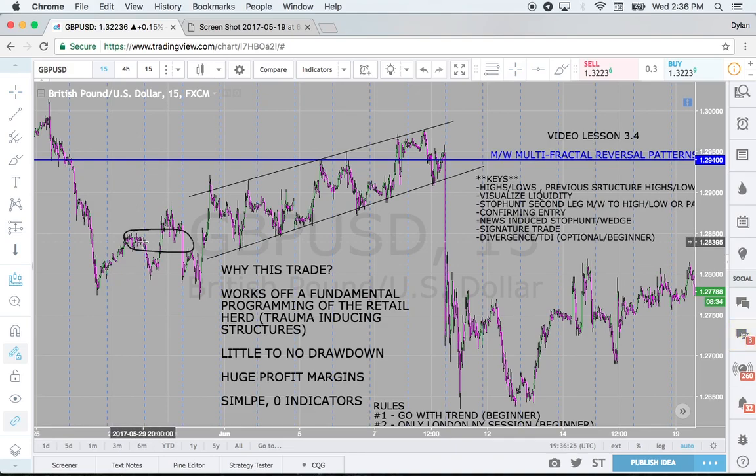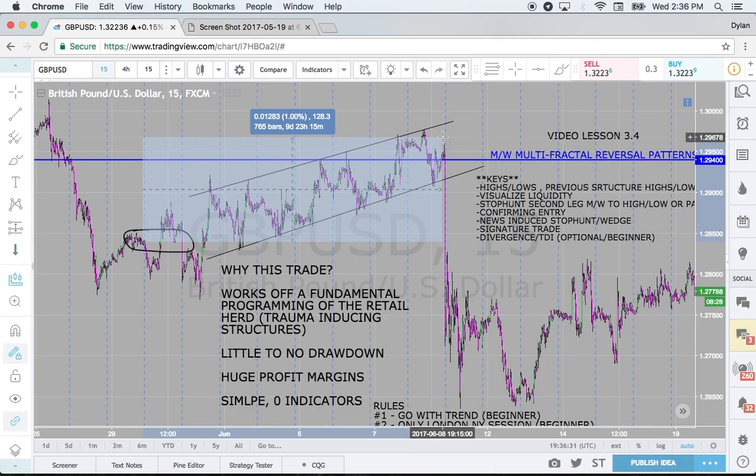So let's say in the span of about 9 days, so about 2 trading weeks, you had about 129 pips of profit at the peak. At the peak you had about 130 pips of profit.